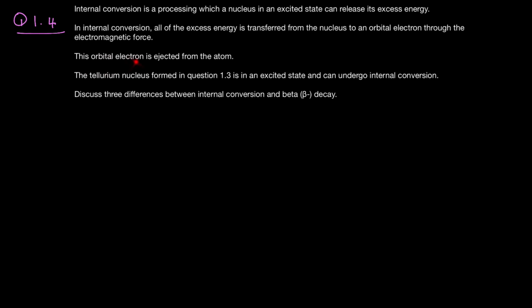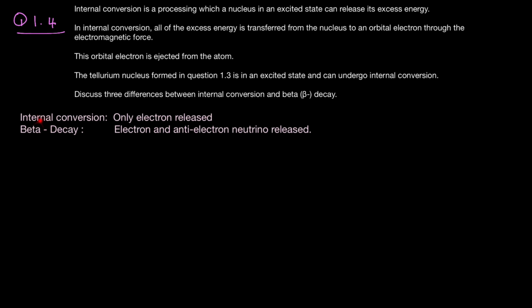This orbital electron is ejected from the atom. The tellurium nucleus formed in question 1.3 is in an excited state and can undergo internal conversion. Discuss three differences between internal conversion and beta minus decay.